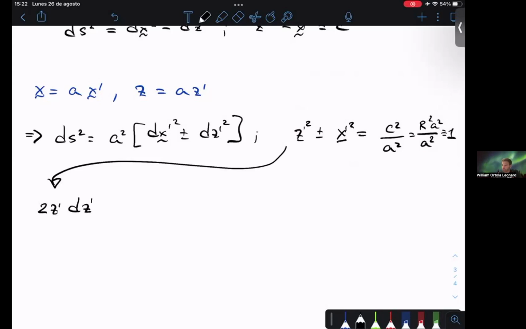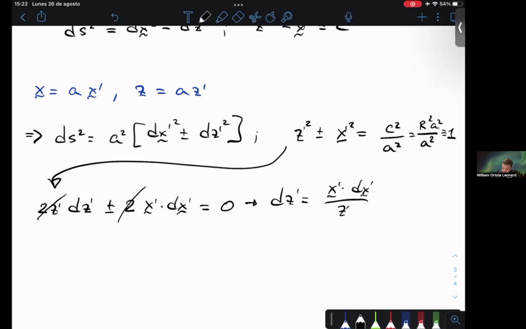This is equal to plus or minus 2x prime dotted with dx prime, and it is a dot product since this is the product of two vectors. On the right hand side we have a constant, and the change in a constant is always 0. The 2's cancel out, and then what we find is that dc prime is given by x prime dotted with dx prime divided by c prime.